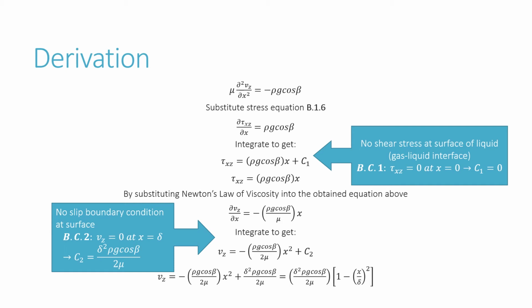Then we substitute Newton's law of viscosity in the obtained equation above, and we integrate in order to get an expression for Vz, which has C2 now. To find C2, we need to substitute boundary condition 2, which is the no slip condition: Vz equals 0 at x equals the thickness.